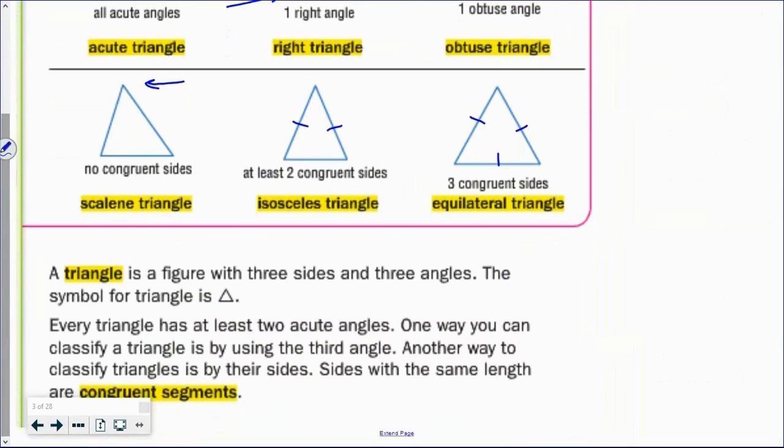And then another way to identify the triangles is by their sides. Sides with the same length are congruent segments. Congruent meaning same size, same shape. So an isosceles triangle has two congruent sides, and an equilateral triangle has three congruent sides.